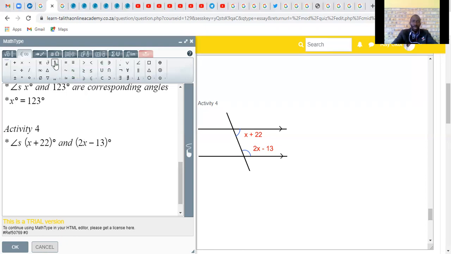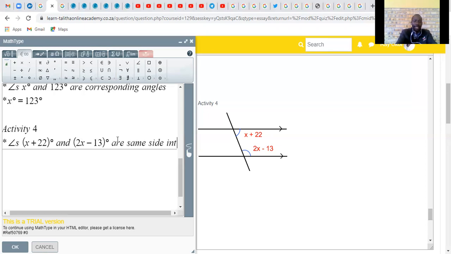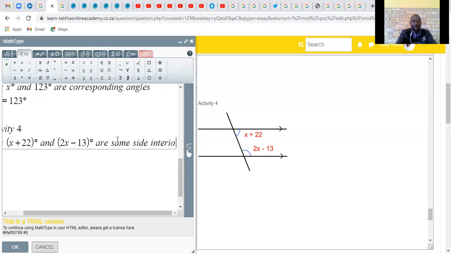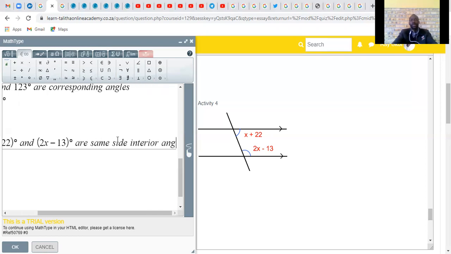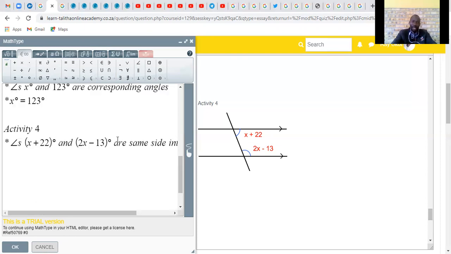Well, what happens to them? These two angles are co-interior angles. Same side, interior. Yes, so now that we have established the relationship between these two angles, we can go ahead to simplify them.